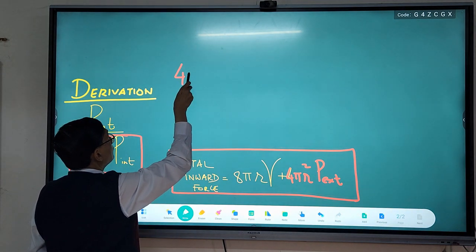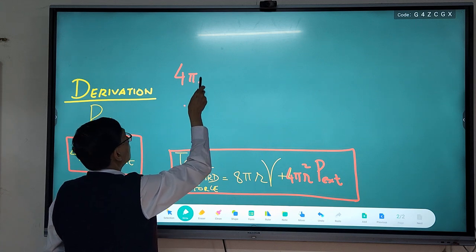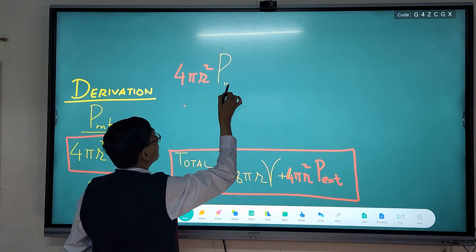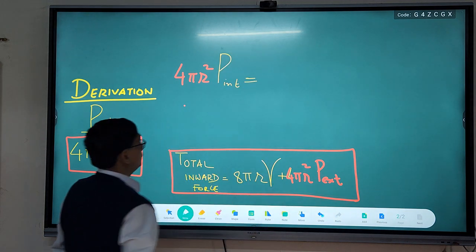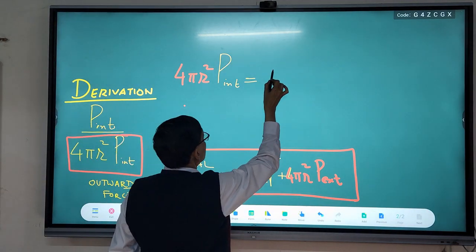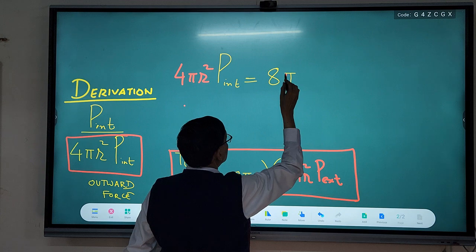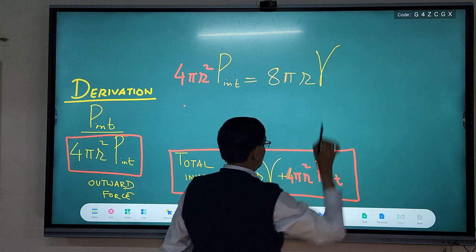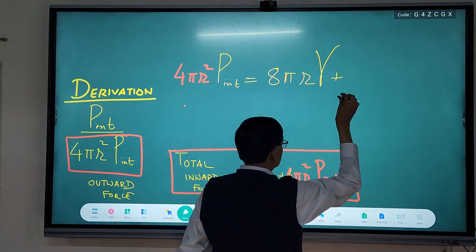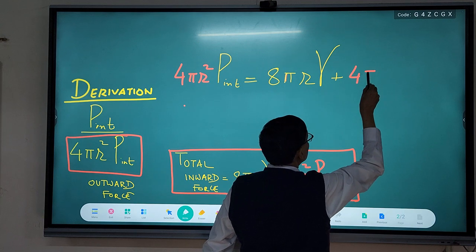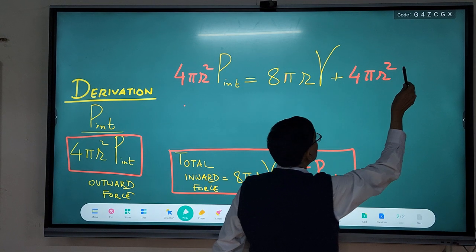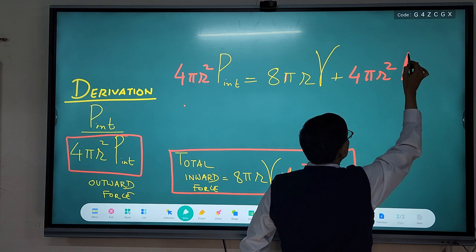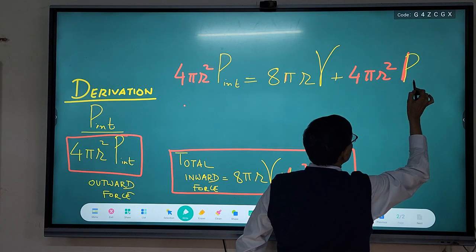So let me write 4 pi r square P internal is equal to 8 pi r gamma plus 4 pi r square P external.